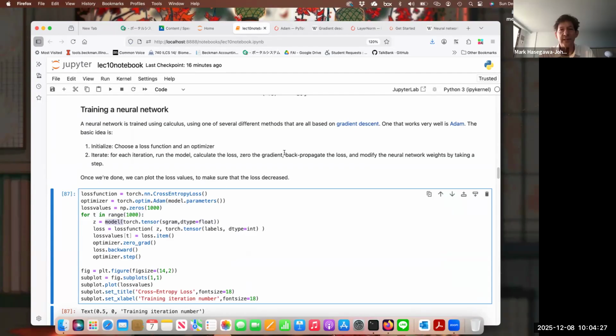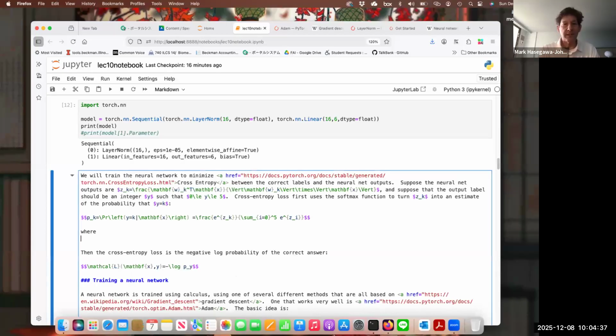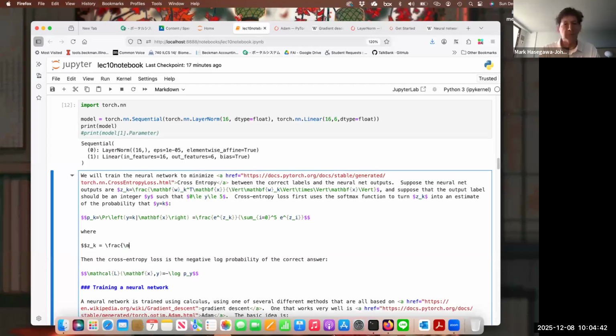The output samples z are, we can show them here. z_k is equal to the dot product between the matrix W_k and the matrix X, divided by the norm of X times the norm of W_k.